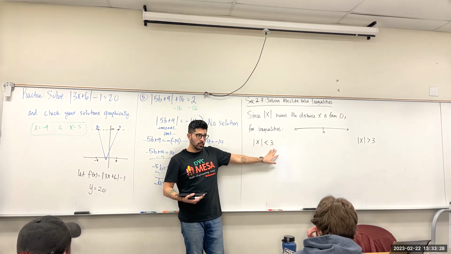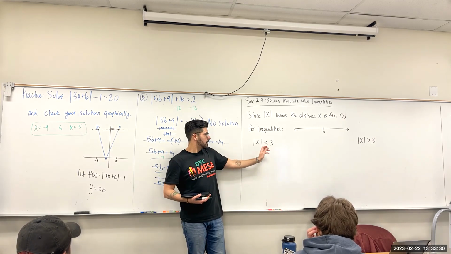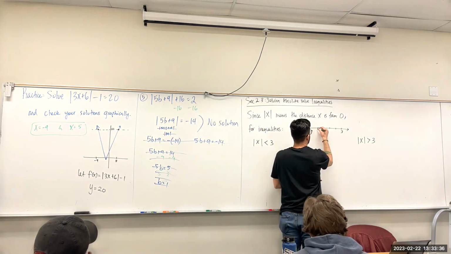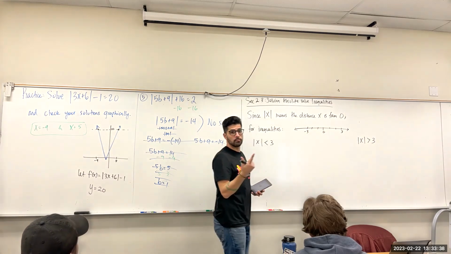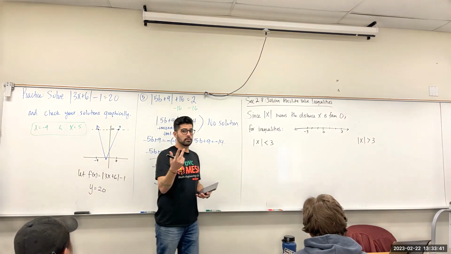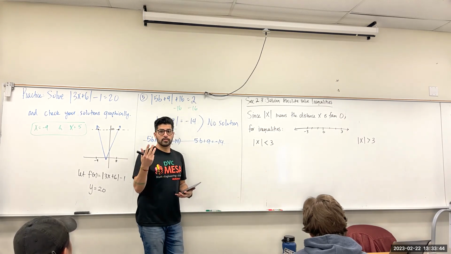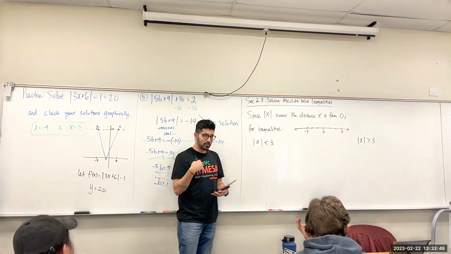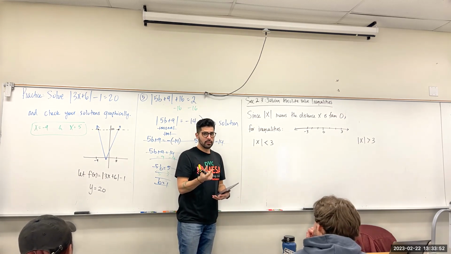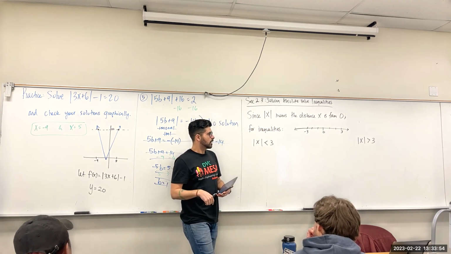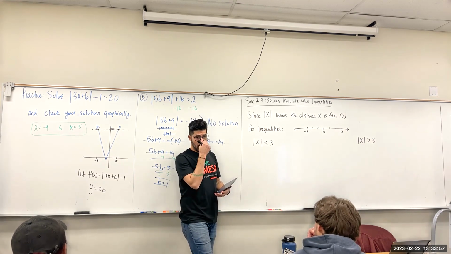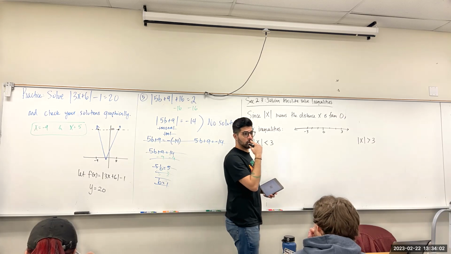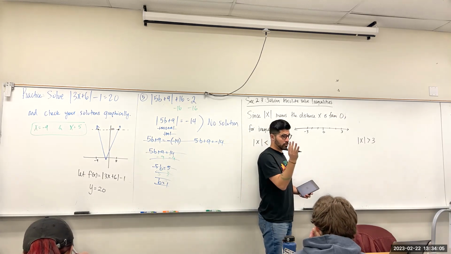Can you think of a number that's less than 3 units away from 0? 2, 1, 0, negative 1. Is negative 3 less than 3 units away? No, it's exactly 3 units, so negative 3 wouldn't work. Any other numbers that are not integers? 2.1, 2.2, 2.3, 2.4, all those numbers.